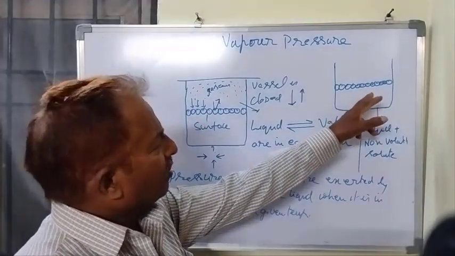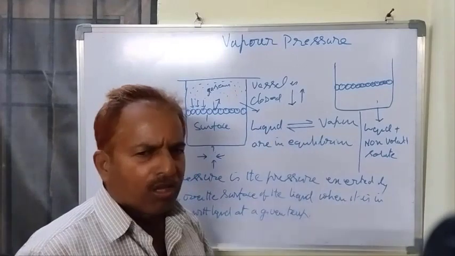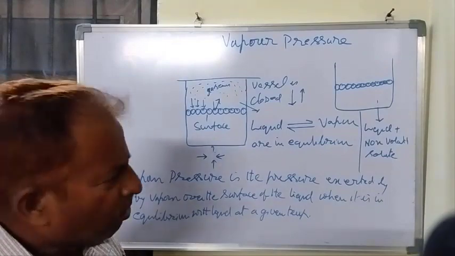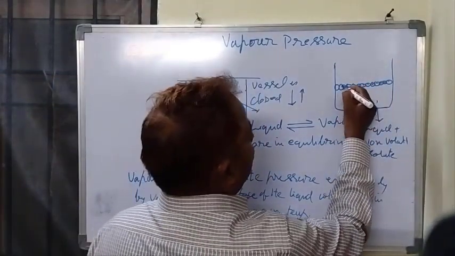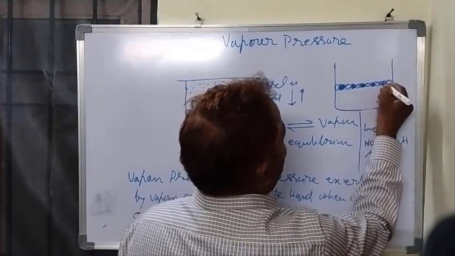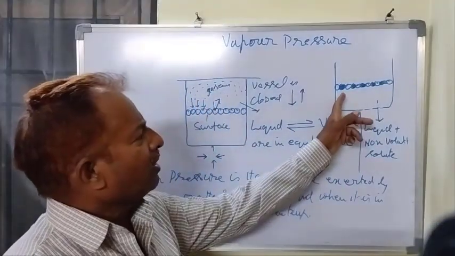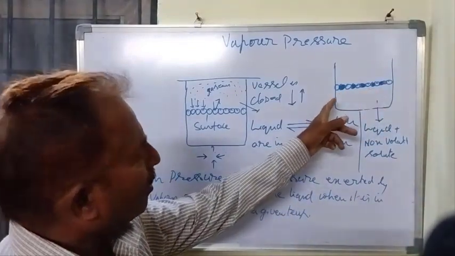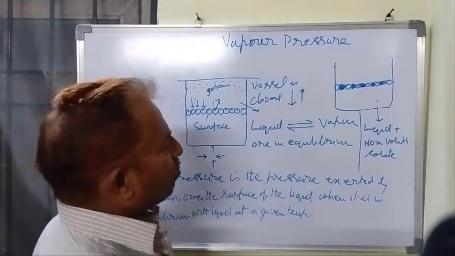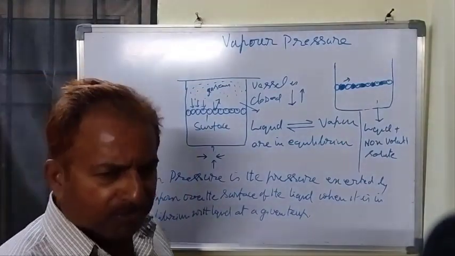As the liquid is mixed with non-volatile solute, do you expect that all the particles on the surface are liquid molecules? No, not exactly. Some of the surface is occupied by solute particles also. Here the completely darkened circles indicate the solute particles. Solute particles do not escape. As they are non-volatile solute, they do not escape and they do not form vapor.